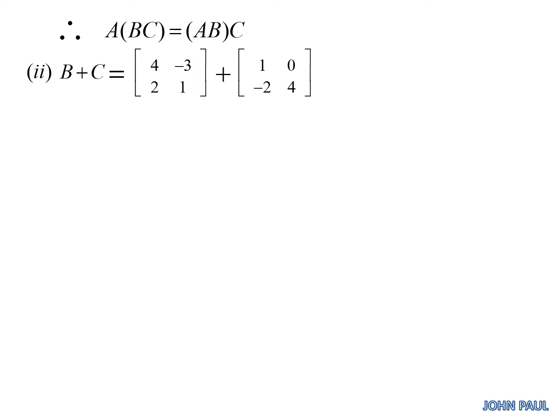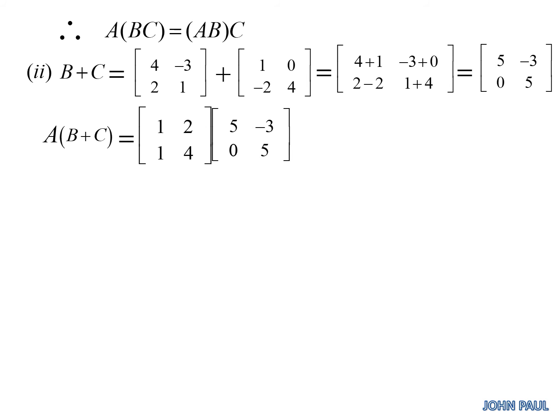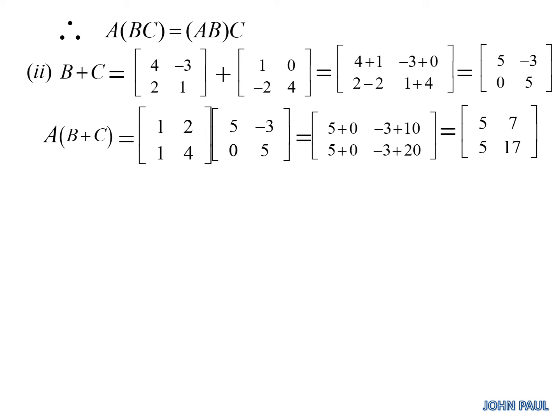Second subdivision, we have to verify. First, we will find B plus C. We get 5, minus 3, 0, 5. A into B plus C equals, substitute matrices A and B plus C, by multiplication, 5, 7, 5, 17.